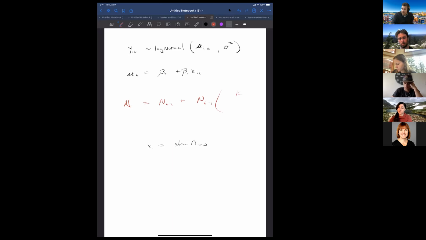And this is often things like a logistic growth model. We have r in here somewhere, r times n times 1 plus k over, what is the logistic growth equation?